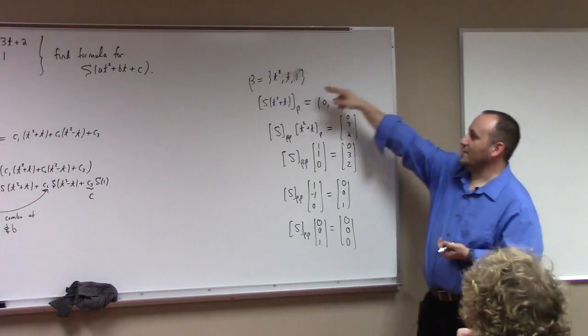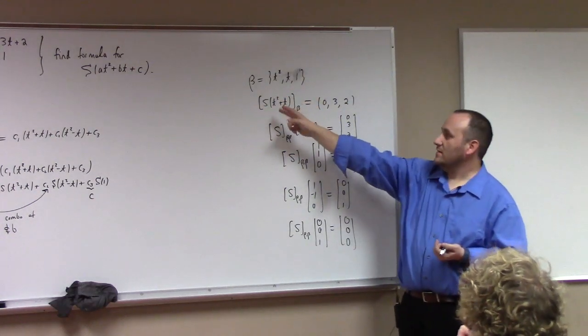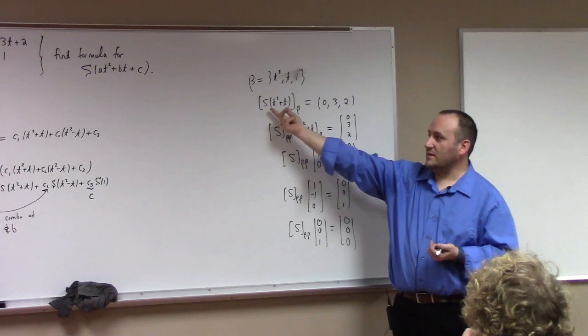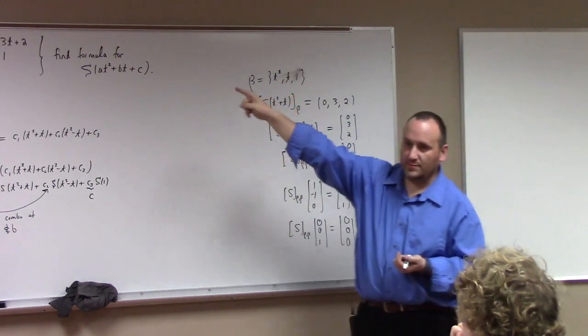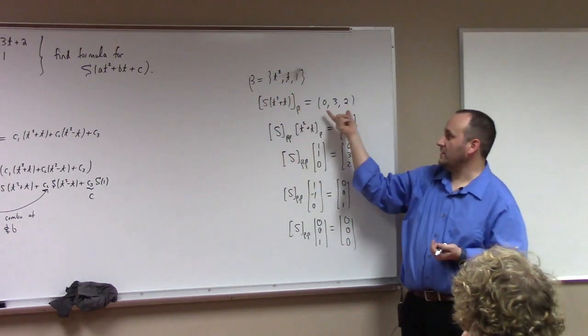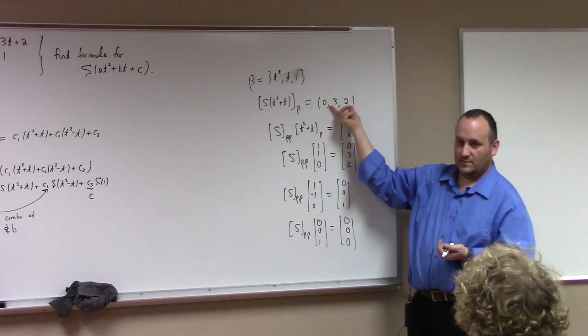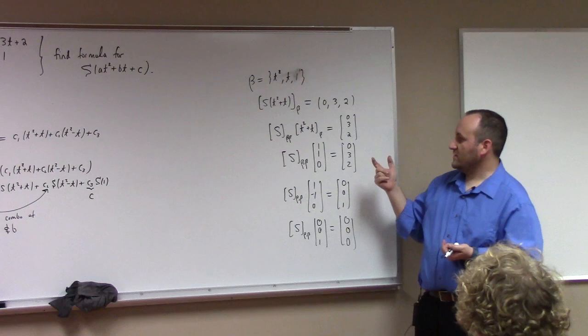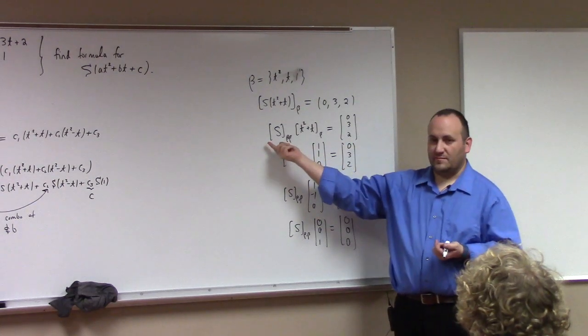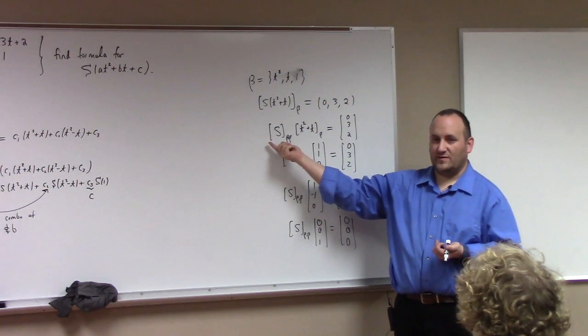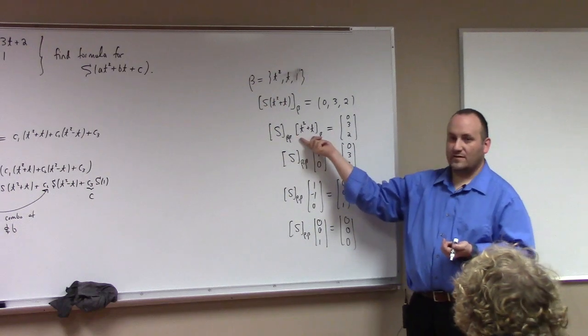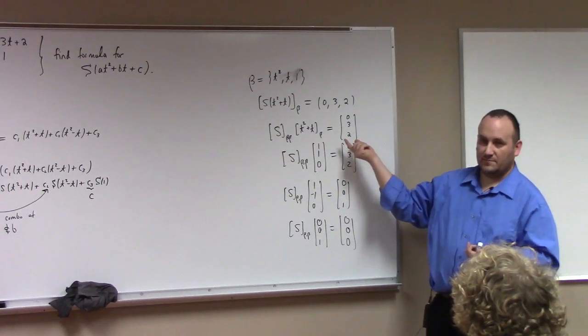So, beta is a basis. If we look at S of t squared plus t, it's equal to 3t plus 2. So the coordinate vector of 3t plus 2 is (0, 3, 2). On the flip side, this matrix I introduced last time, the matrix of a linear transformation, times the coordinate vector is equal to the coordinate vector of the output.